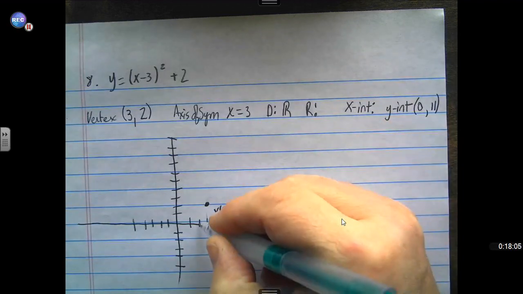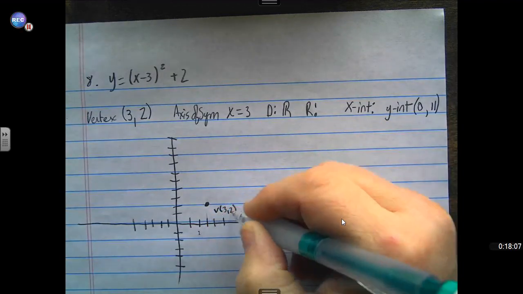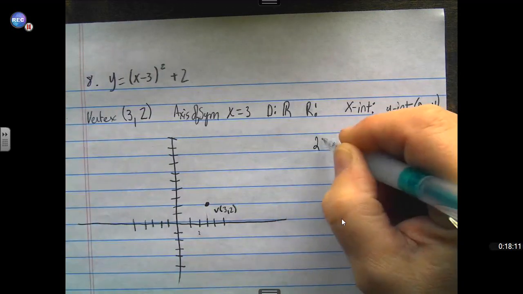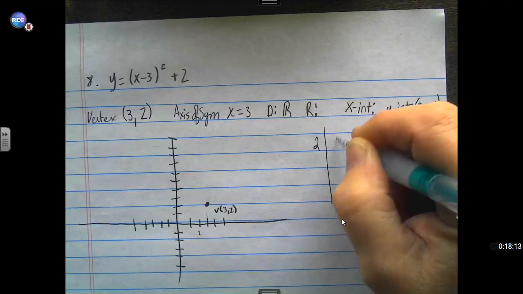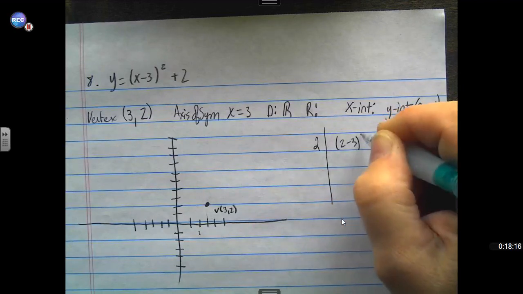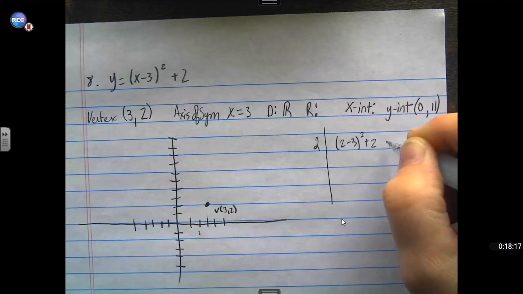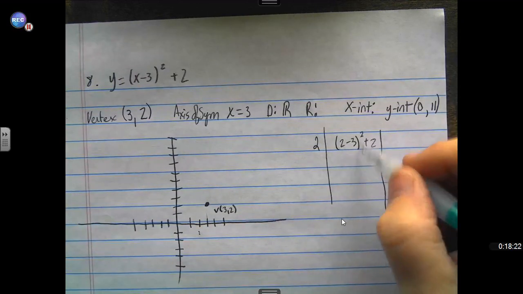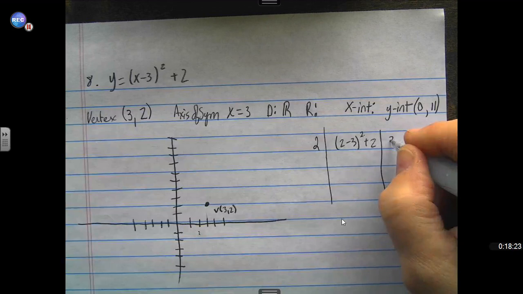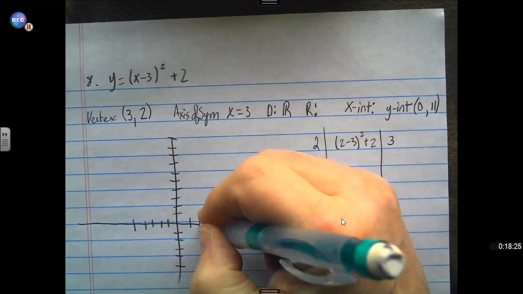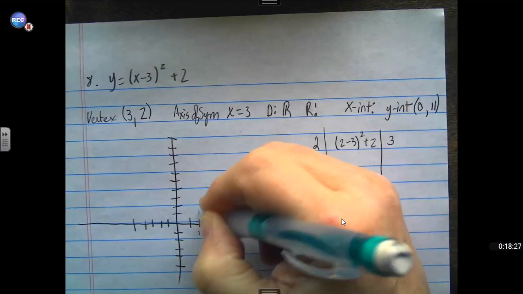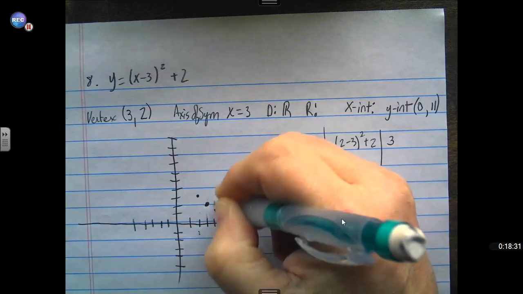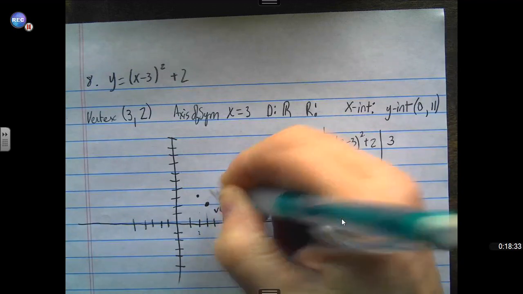So I'm going to plug in 2 because it's right next to 3. So if I plug in 2, I get 2 minus 3 quantity squared plus 2. That's -1 squared is 1 plus 2 is 3. So there's a point at 2, 3. And then I can use the axis of symmetry to get this point over here.